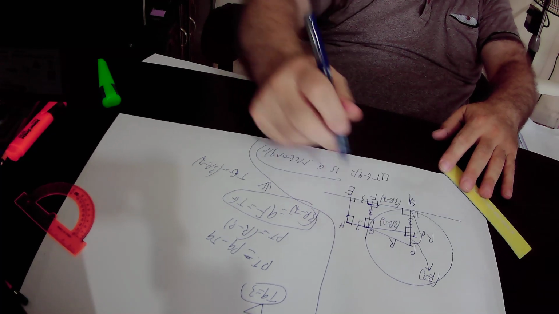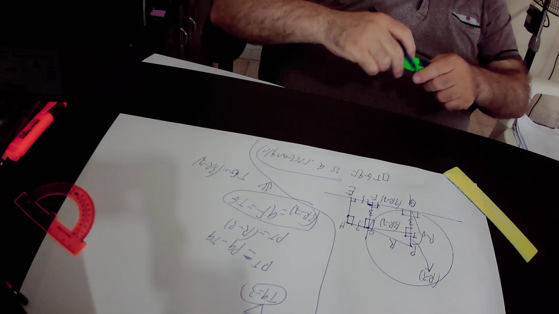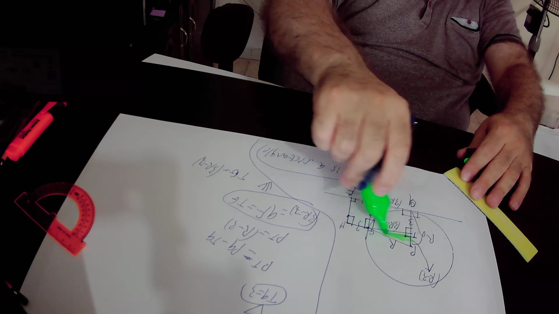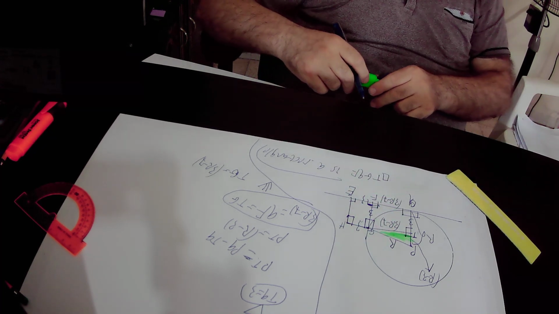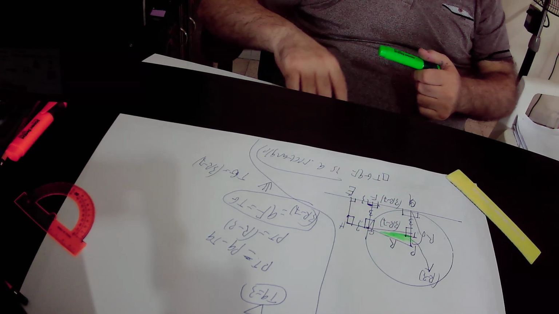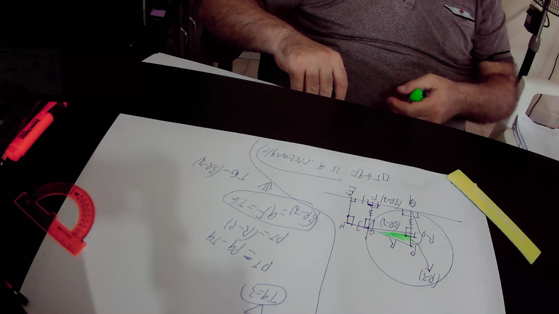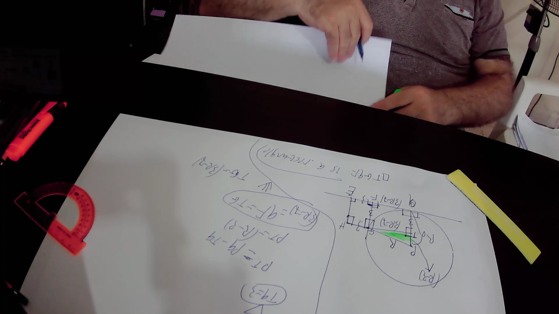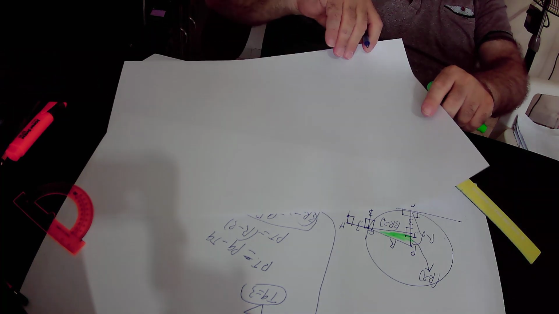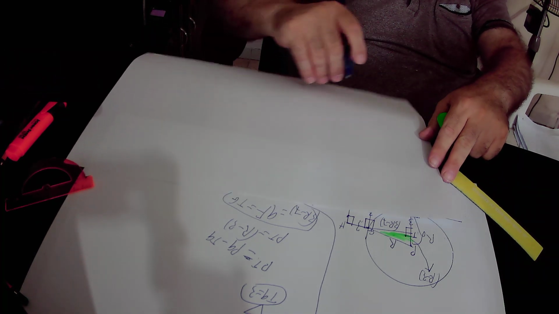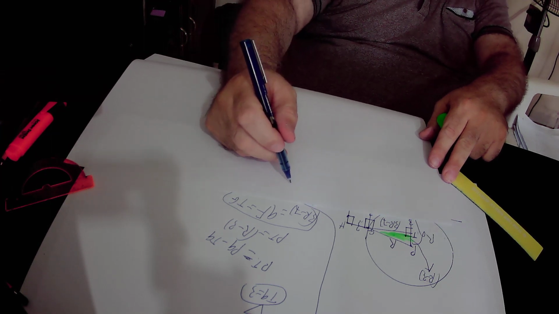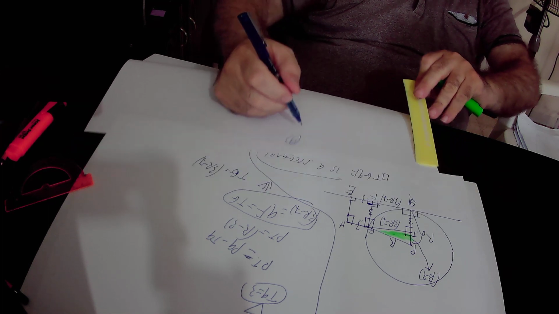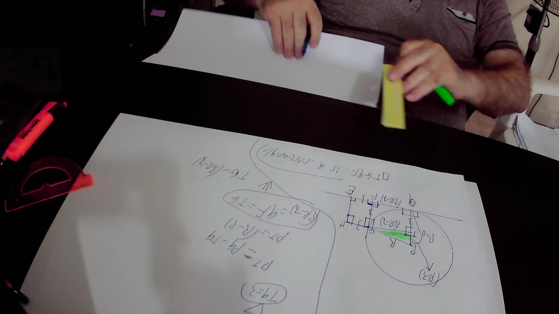Now we will implement the Pythagoras theorem on the right green triangle, triangle PTG. I will copy the right triangle, triangle PTG, in a new page.